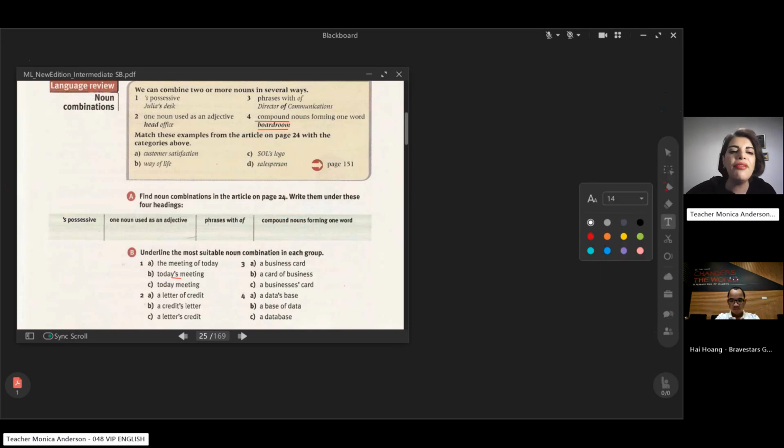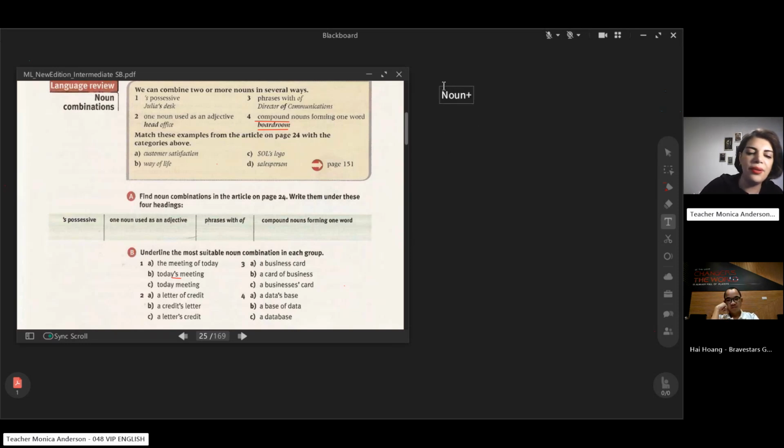The first one, noun plus noun. For example, shopkeeper.